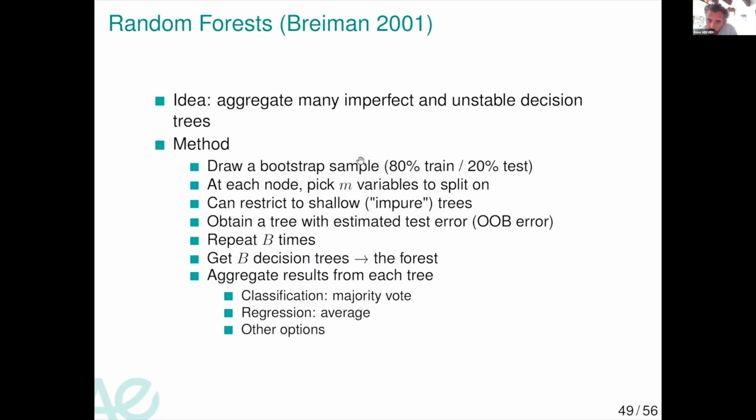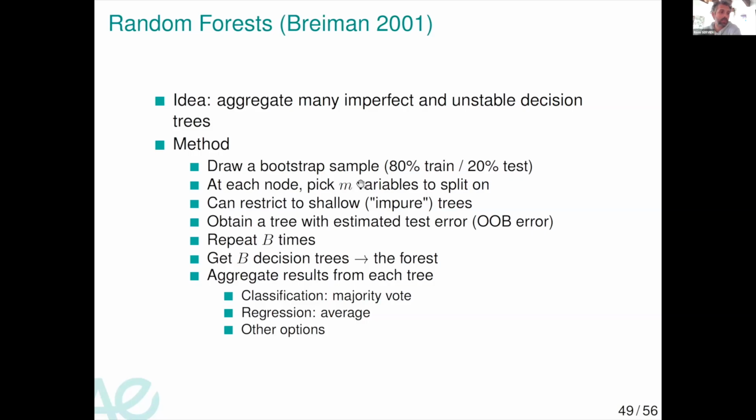As for cross-validation, you only draw a bootstrap sample, so 80% for the train and 20% for the test. At each node, you don't generate all the possible binary questions. You only pick a small number of variables, and you generate the questions only on these few variables.